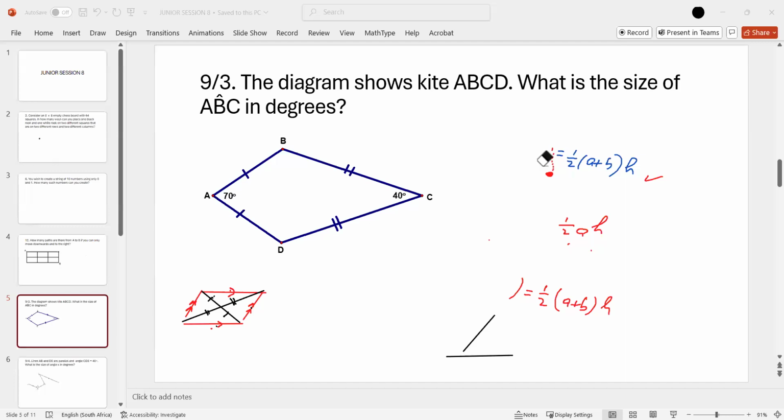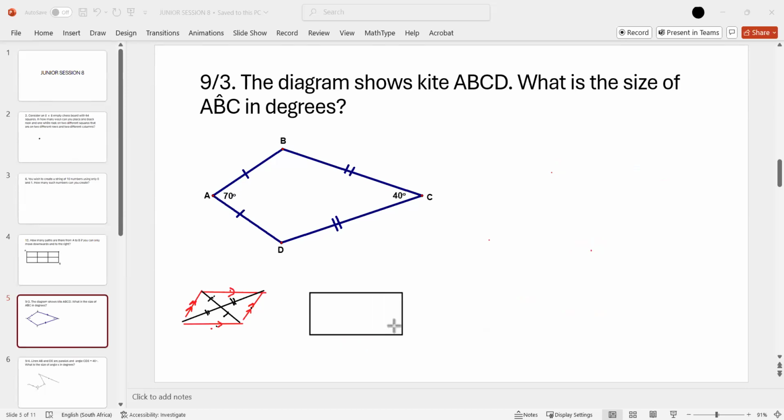Let me just finish off this discussion here. So amongst the parallelograms, you have a parallelogram where one of the angles is 90 degrees. So then what happens is, you got a thing like this. One of the angles is 90.